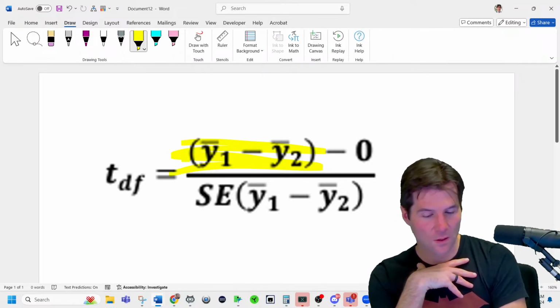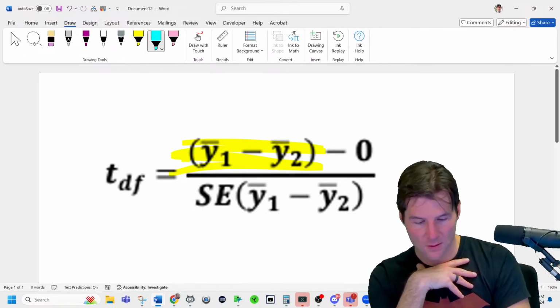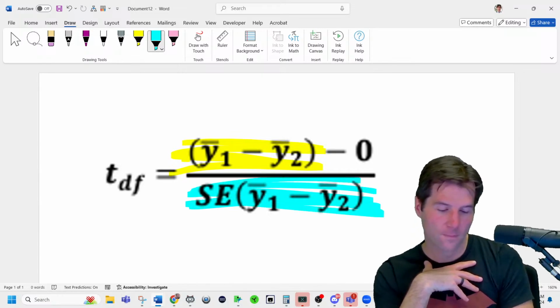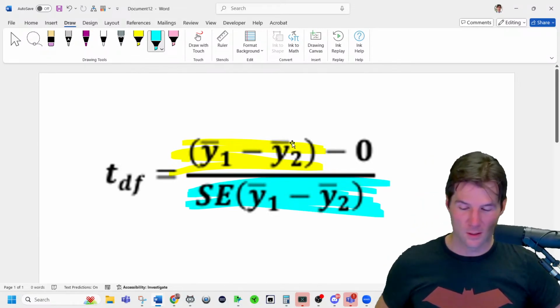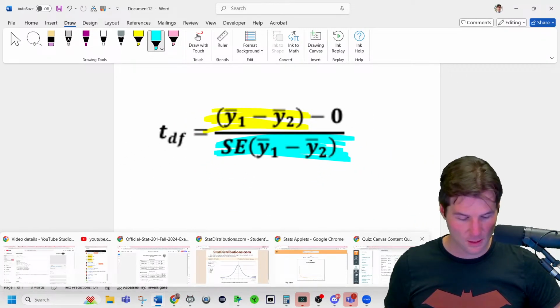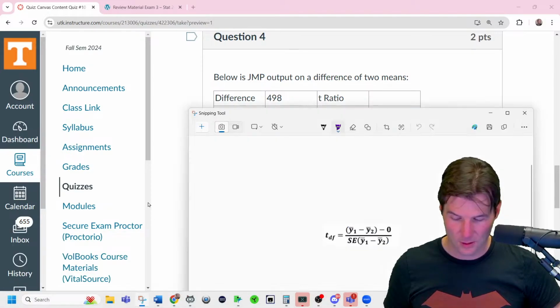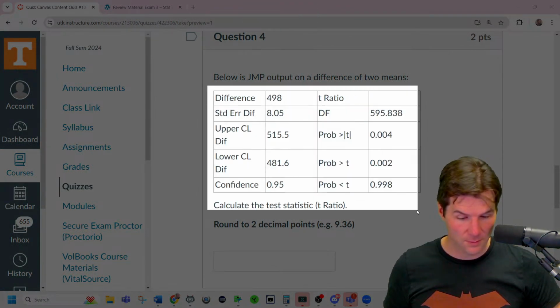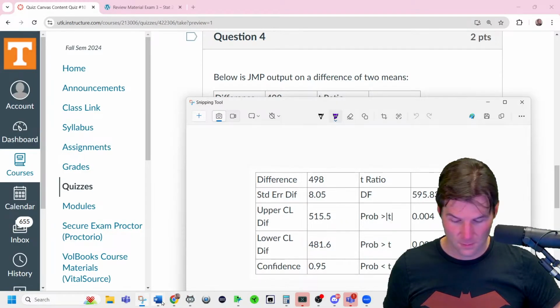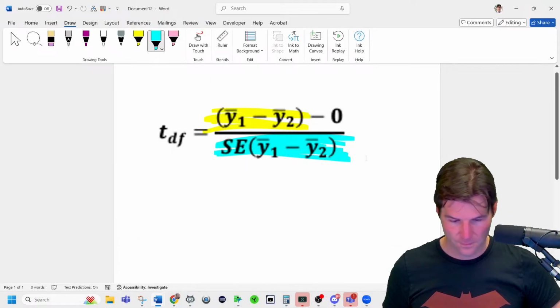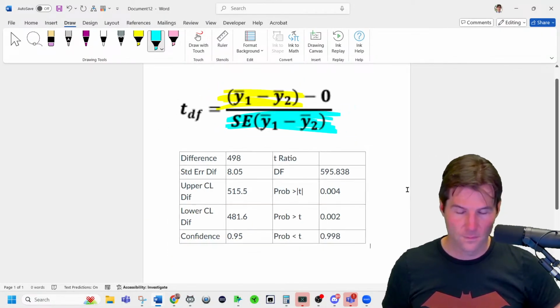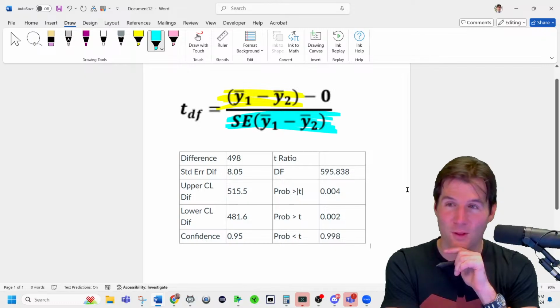What's this? And what is this? Your thoughts?